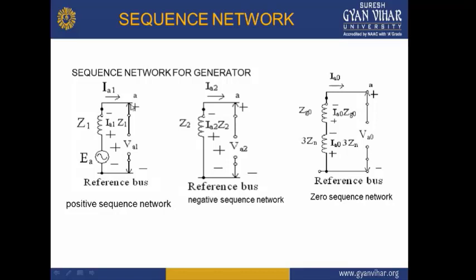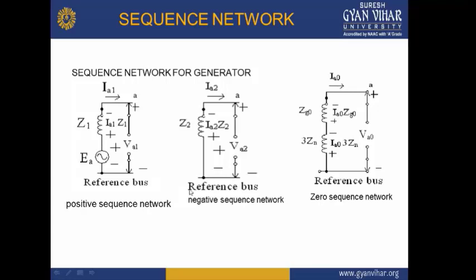So this impedance Z1 is your positive sequence impedance. When the positive sequence impedance and the other components are connected with the flow of positive sequence current, that network is called a positive sequence network.